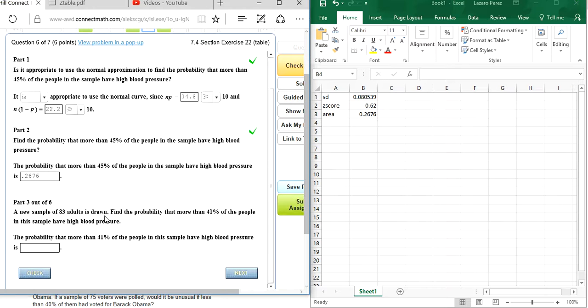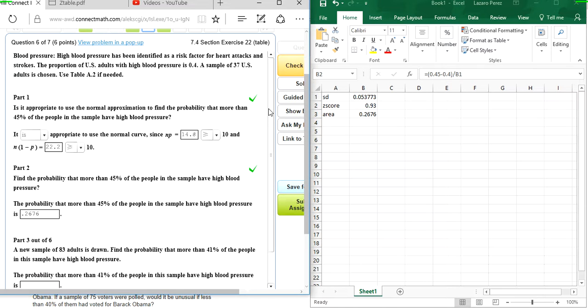A new sample of 83 adults is drawn. So this one, we have to change the standard deviation. Everything is the same except the sample size, and they're saying 83. Find the probability that more than 41% of the people in a sample will have high blood pressure.